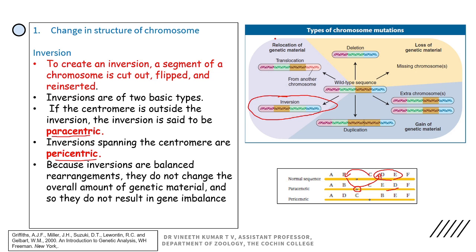And because inversions are balanced rearrangements, they do not change the overall amount of genetic material, and usually they do not result in gene imbalance. There is no loss of genetic material, but other problems can arise when the genes are inverted, during meiosis, when they try to undergo crossing over and recombination.